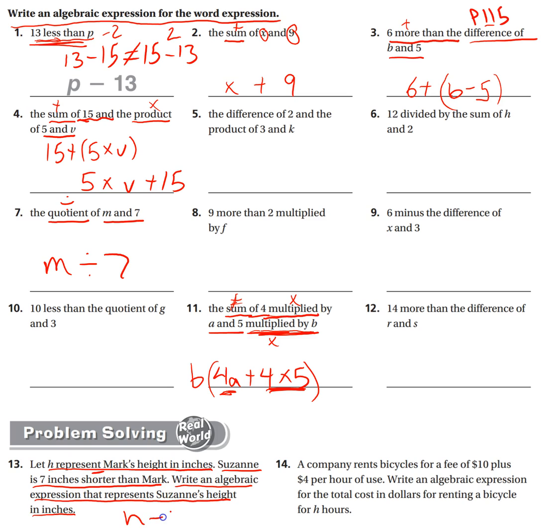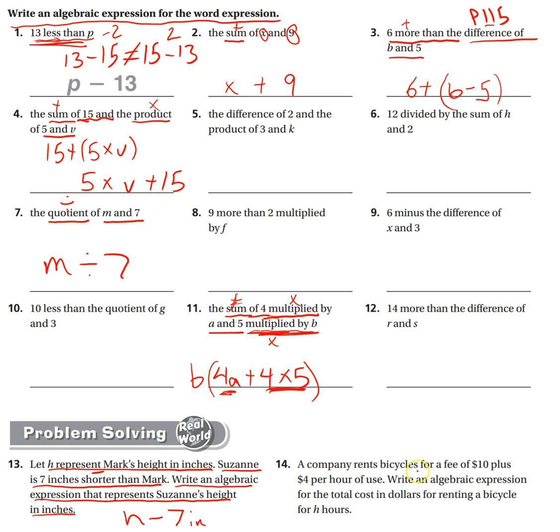So that would be H minus 7, whatever Mark's height is, take away 7 inches, and that will give you Suzanne's height. So once we find out Mark's height, then we can easily subtract 7 to get Suzanne's height.